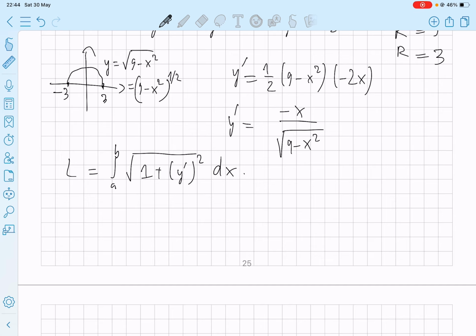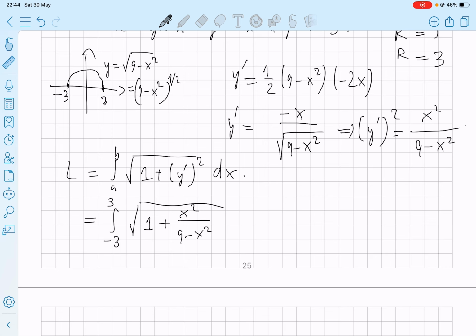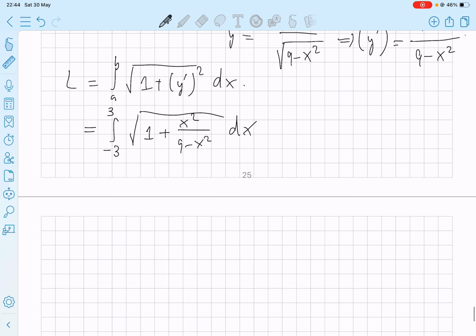Because y prime is equal to this, we have y prime squared equal to x squared over 9 minus x squared. So let's substitute into the formula. We have the integral from -3 to 3 of the square root of 1 plus x squared over 9 minus x squared dx.